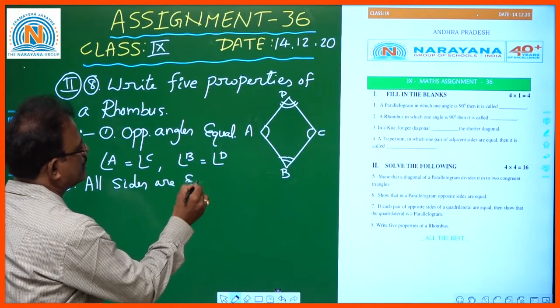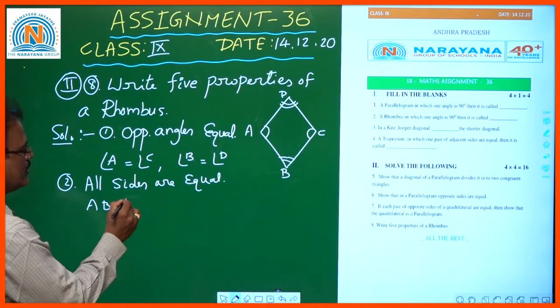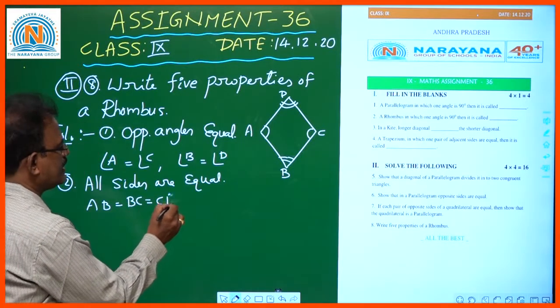All sides are equal. That means AB is equal to BC is equal to CD is equal to DA.